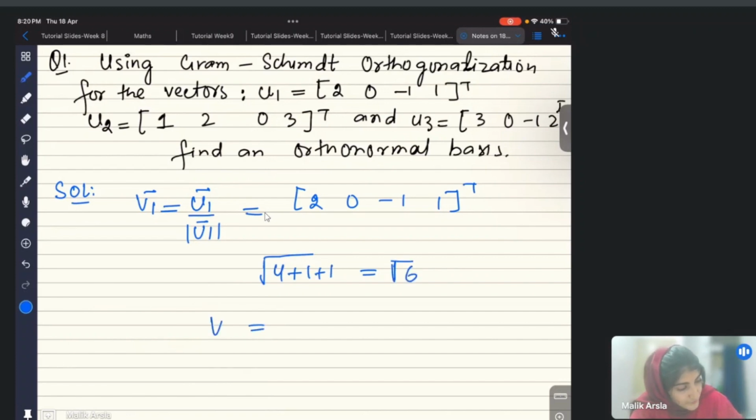So v1 will be 1 over root 6 of 2, 0, minus 1, 1 transpose.